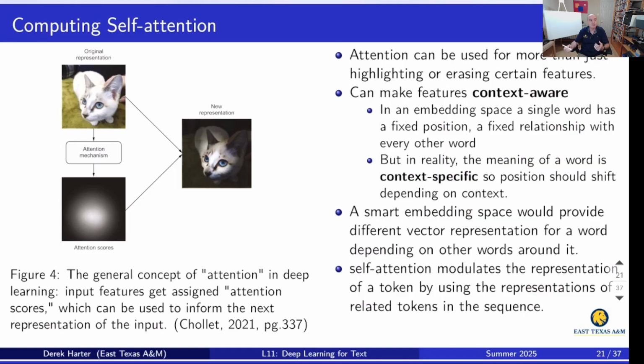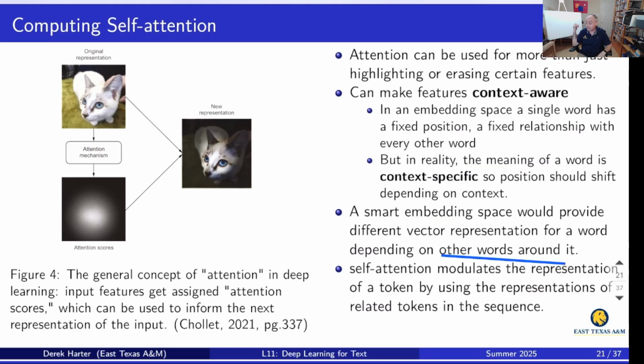So really, its position in the embedding space should shift depending on context, depending on what we're doing right now, and depending on the other words around it. So in a smart embedding space, it would provide a slightly different vector representation for a word depending on the other words found around it.